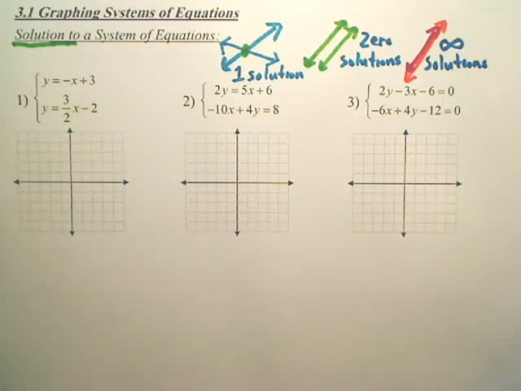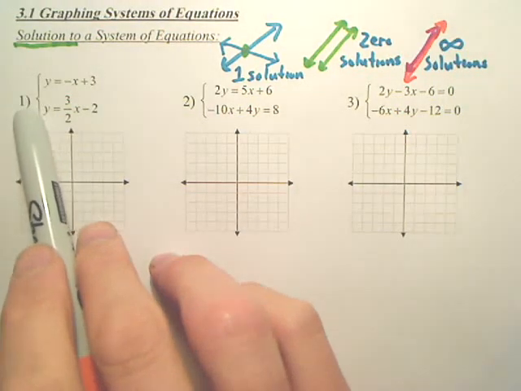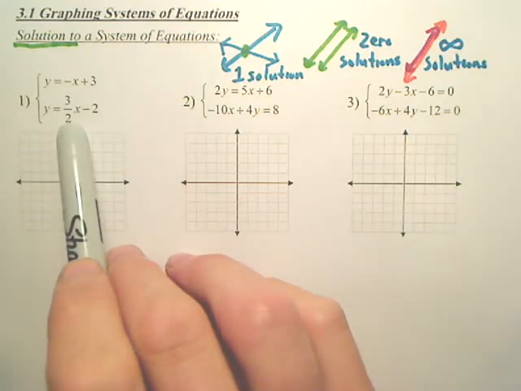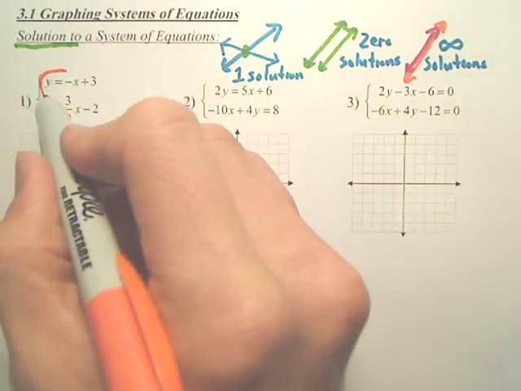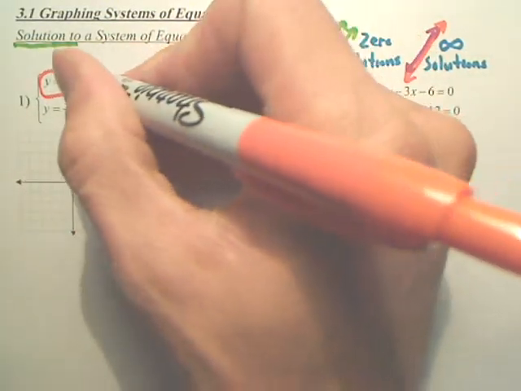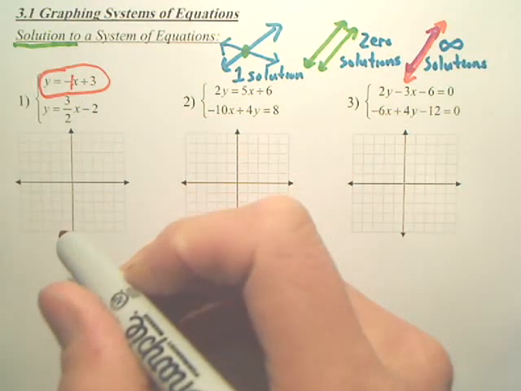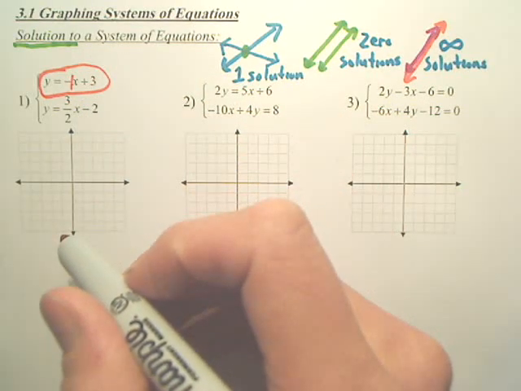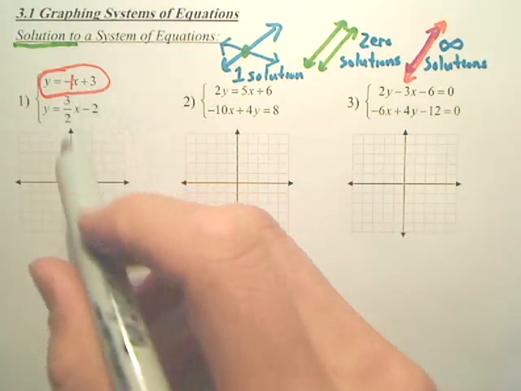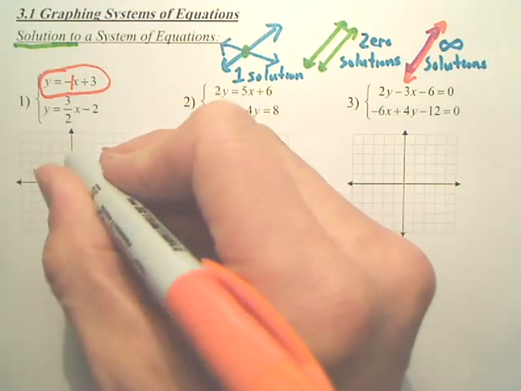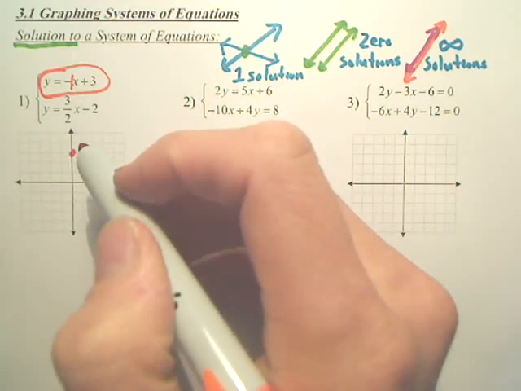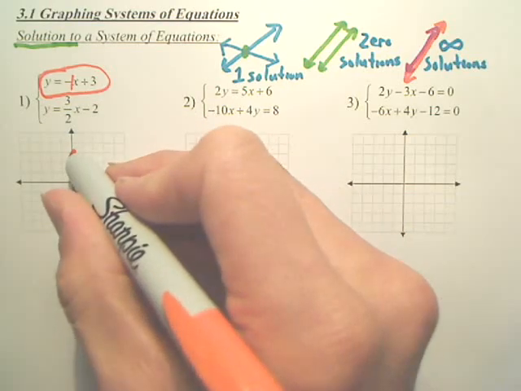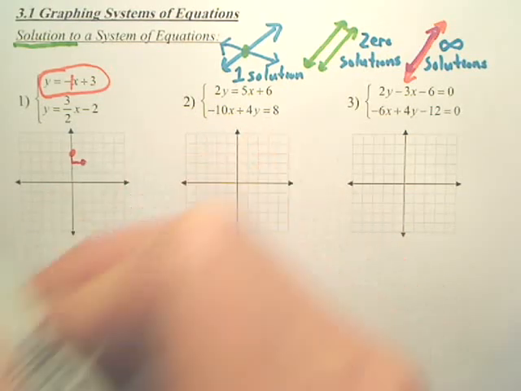So basically all we're going to do for number 1 here is graph both of these and find the coordinate where they hit. So if I want to graph the top one, do you understand that's like a -1 right there? Do I begin at the -1 or the 3? You should realize you begin at the 3. The -1 tells you where you're going to move, which in this situation is down 1 over 1.